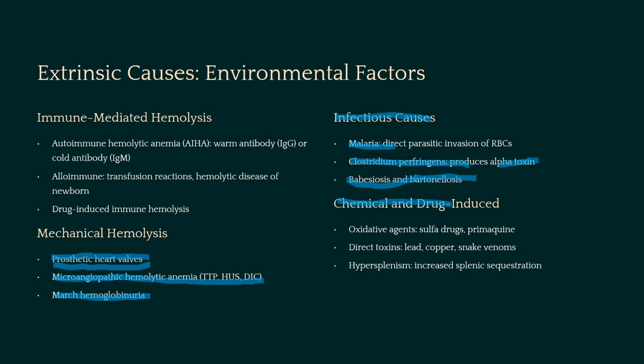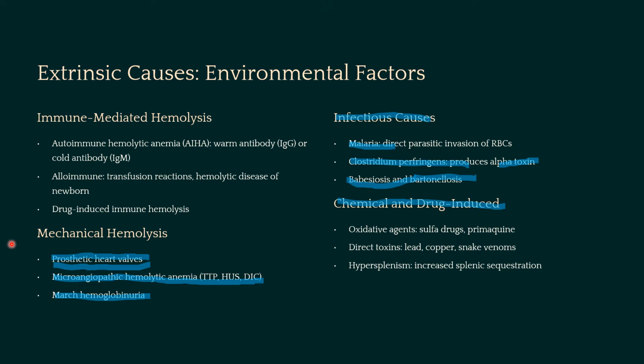Then chemical and drug induced. Oxidative agents like sulfa drugs, then direct toxins like lead, copper, snake venoms, hypersplenism, increased splenic sequestration, meaning if the spleen is working faster or more than the normal activity, then this also happens. So there are four extrinsic causes for hemolytic anemia. One is immune-mediated hemolysis, where the immune system is broken down.